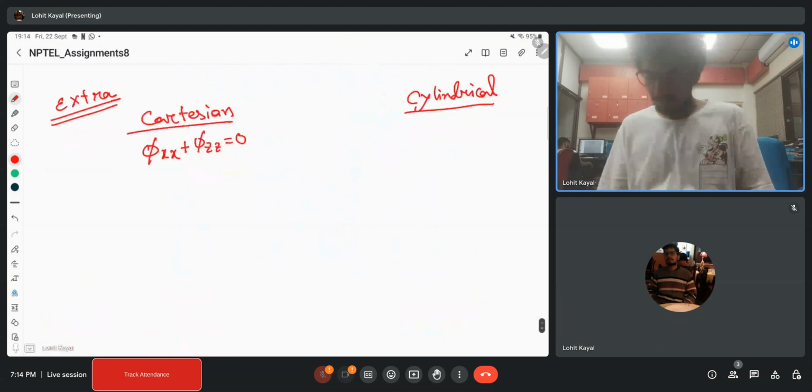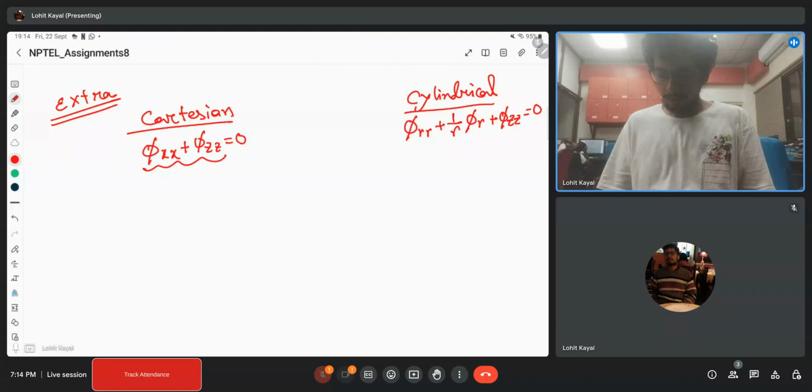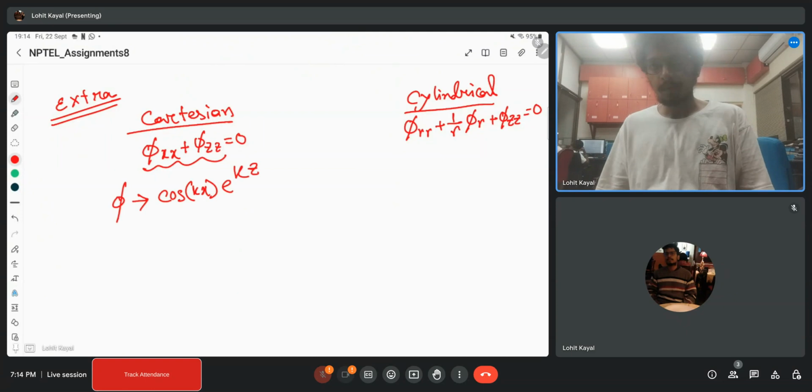Here you have phi rr plus 1 by r phi r plus phi zz is equal to 0. While solving in Cartesian, you get solutions of the form cos kx into e to the power of kz, and it can also be sine kx into e to the power kz.